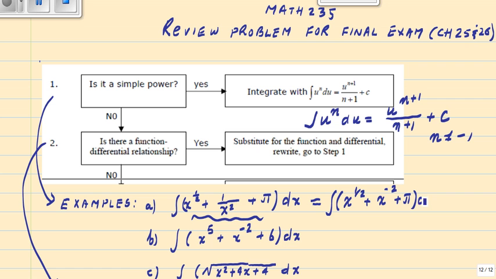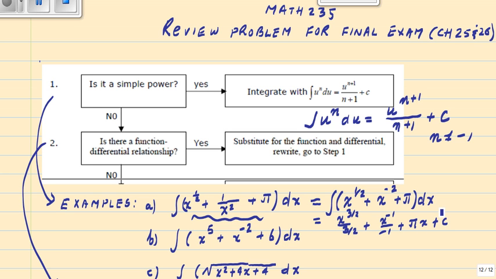And at this stage, we can just go ahead and integrate, and that will give us x to the power 1/2 plus 1 is 3/2 divided by 3/2, plus minus 2 plus 1 is x to the power of minus 1 divided by minus 1, and plus the integral of pi dx is pi x, and then plus c.